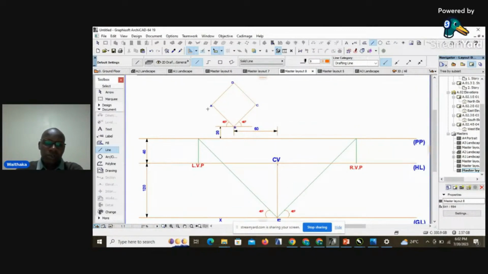So for us to begin generating the perspective of the cube, first of all, we will consider the line that is inclined towards the spectator. The edge of the plan that is inclining towards the spectator, which is edge BC, is where we will begin from.